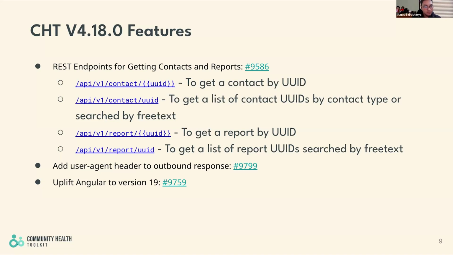Whereas the other major feature that was shipped is that our Angular version has been upgraded to version 19. This contains a lot of functionalities. The major one that I can point out is the introduction of standalone components. So you don't have to declare components as a part of modules right now. So those are the features that got released in 4.18.